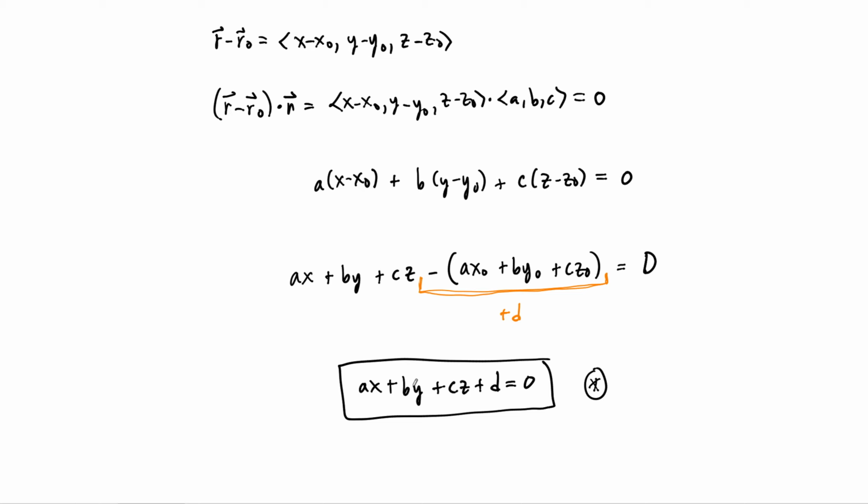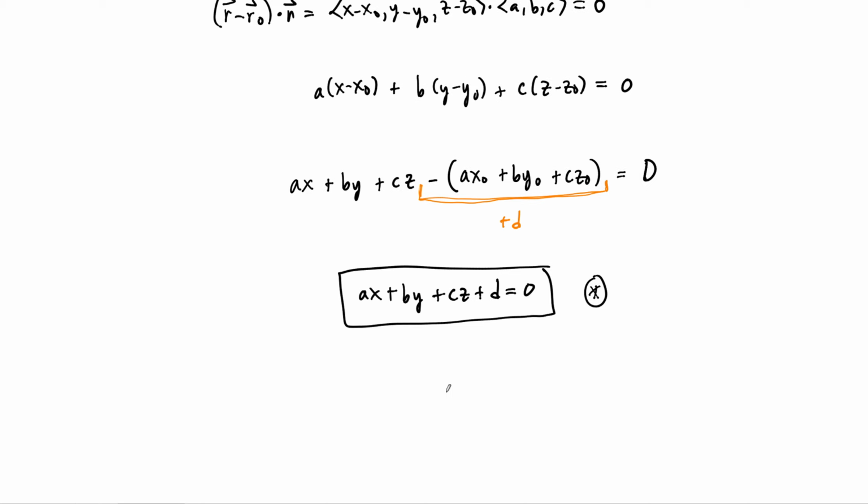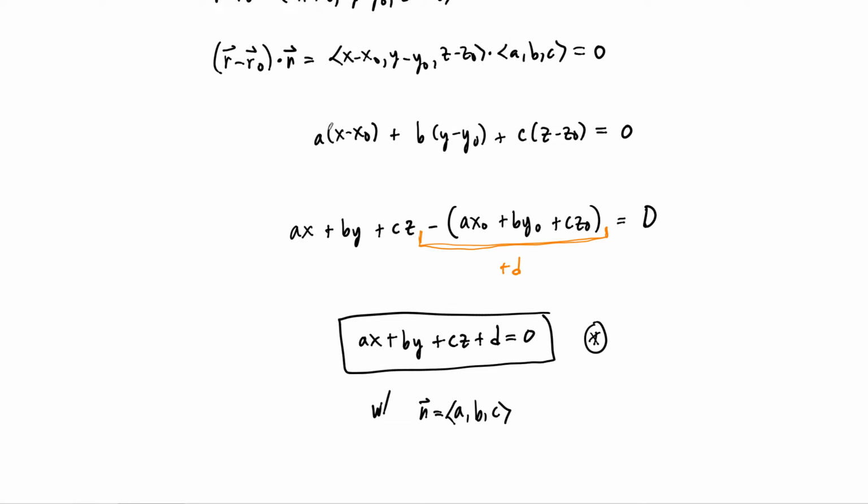We've lost a lot of information there, because a, b, c is our normal vector. So this is the equation of the plane with normal vector a, b, c. And then d: by looking at this formula, notice that this looks like a dot product of the normal vector n with, we can tell exactly what, with r naught, and it's all negative.